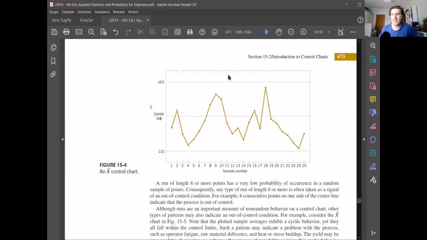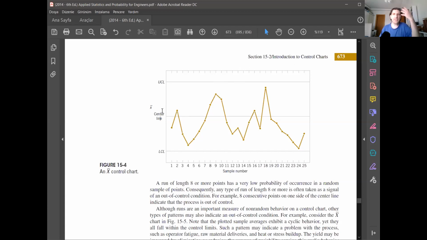If we are outside these boundaries, either on the top or on the bottom, we assume the process is out of control. I'm not going to go into the details about being in control and out of control; maybe I'll talk about it later in another bonus video.